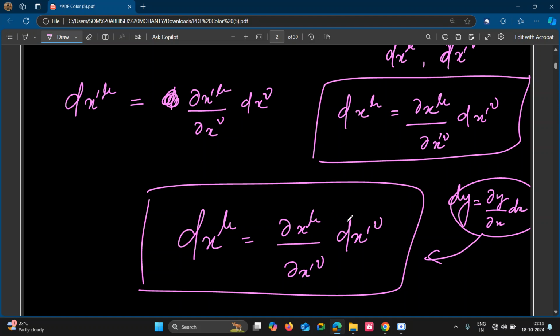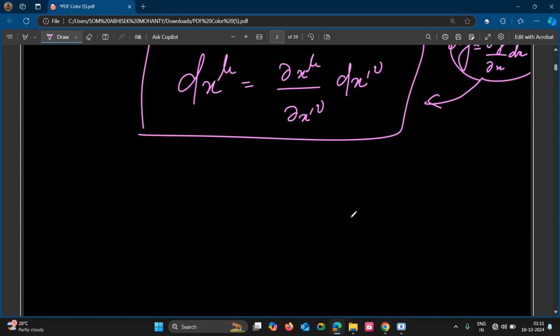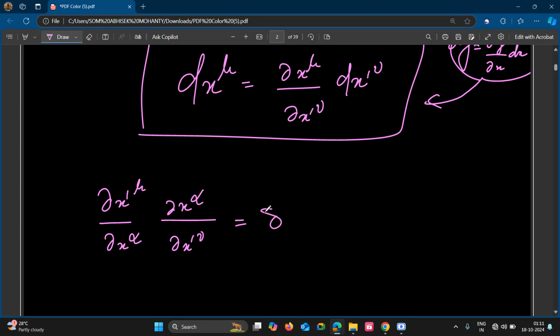Okay, while carrying out such a transformation, I can also write, see very carefully, del x dash mu divided by del x alpha, into del x alpha divided by del x dash nu, is equal to the Kronecker delta, delta mu nu, because mu is up in the numerator and nu is in the denominator.